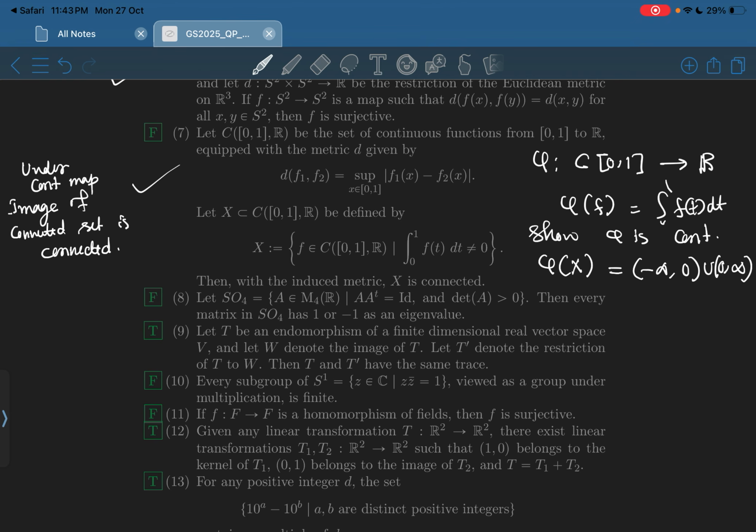Then the claim is that every eigenvalue must be 1 or minus 1. This is weird; it shouldn't be true, because even though the matrix is orthogonal, the eigenvalue may not be real. If the eigenvalue is real, then it is definitely 1 or minus 1, but otherwise it is not true.